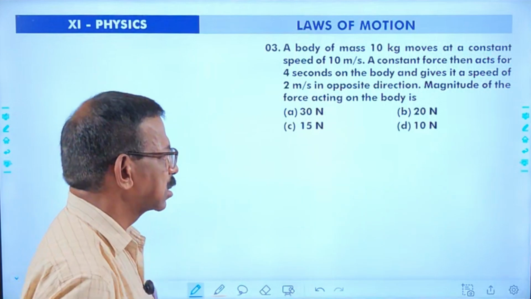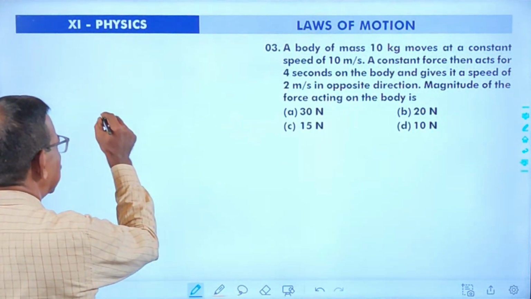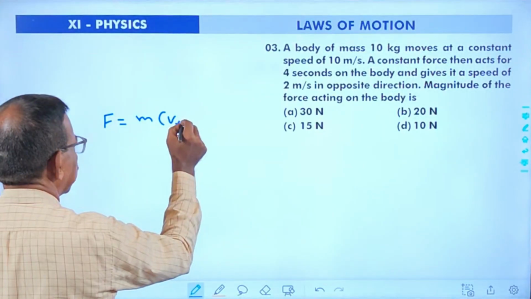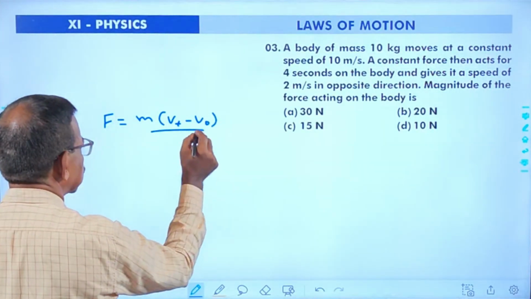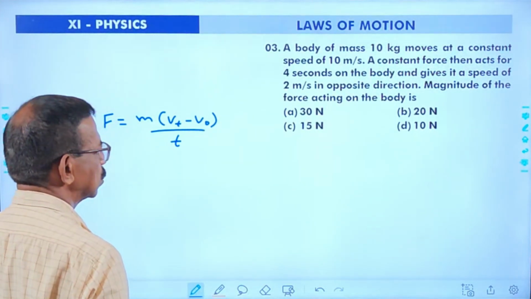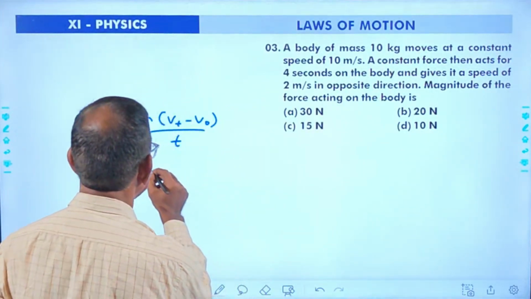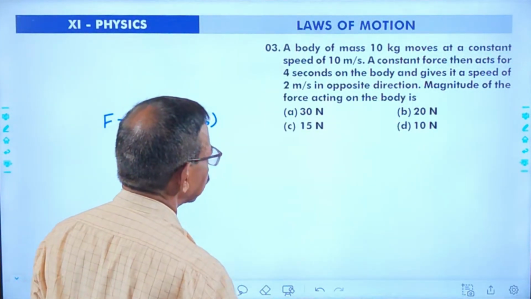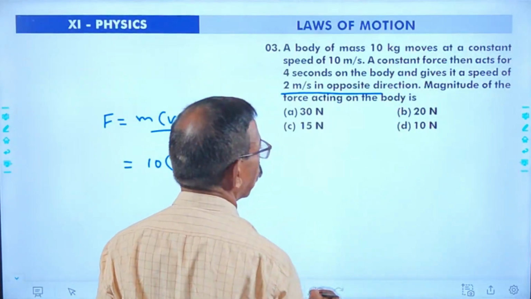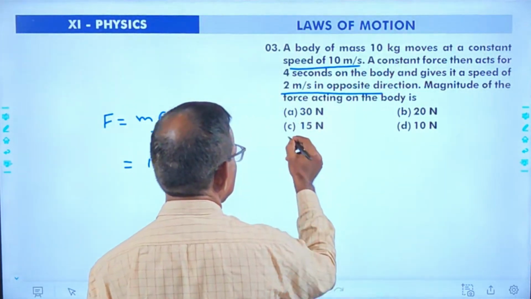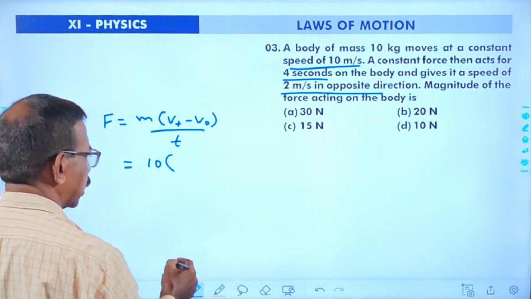That is, the force is given by F equals dP by dt or F equals m(Vt minus V0) by t. Here, m is mass 10 kilogram. Vt, 2 meter per second in the opposite direction. V0 initially at a speed of 10 meter per second, time 4 seconds.